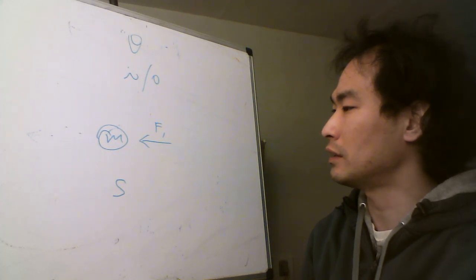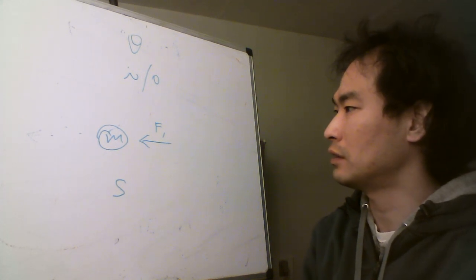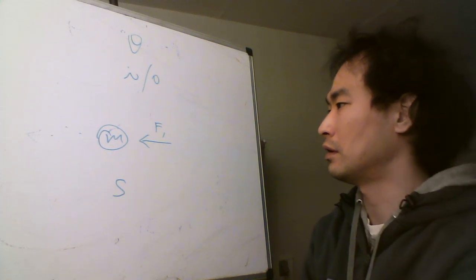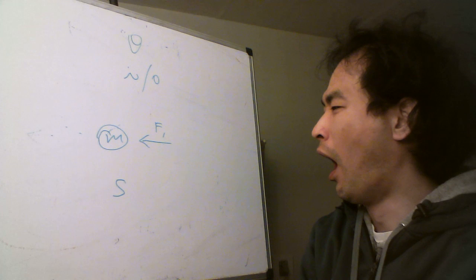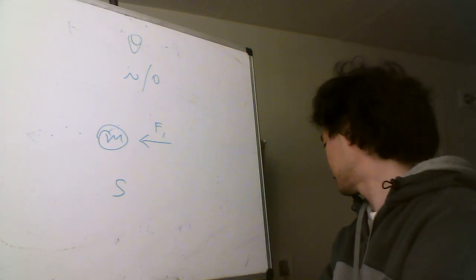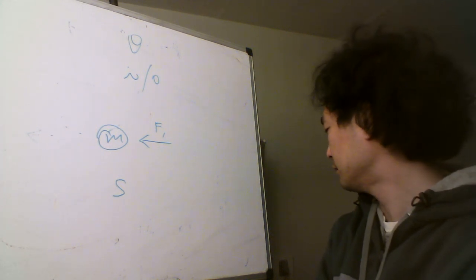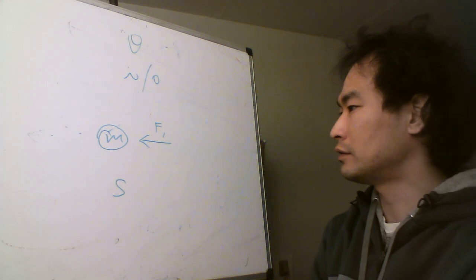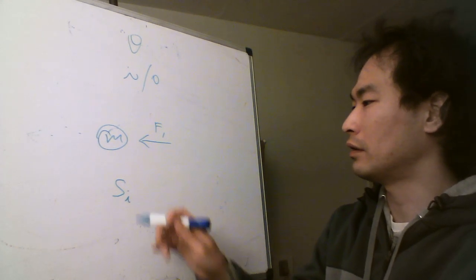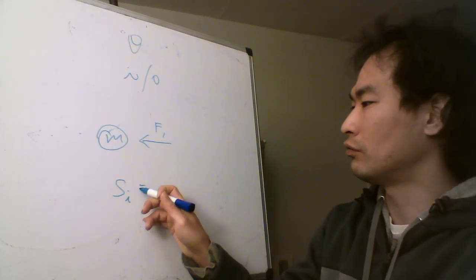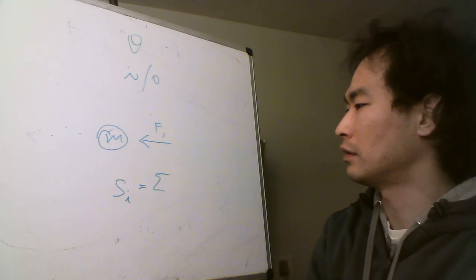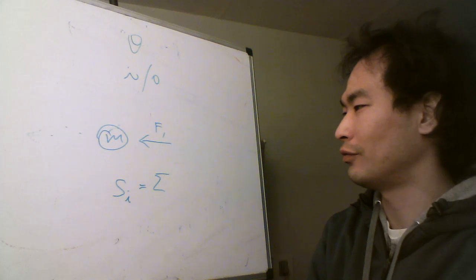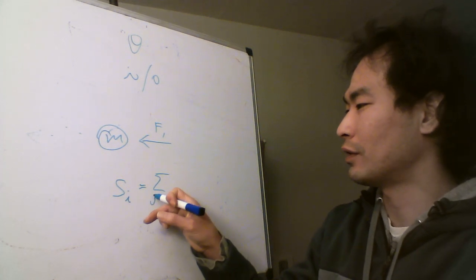So stress in was equal to sigma. We're going to use J as an index.